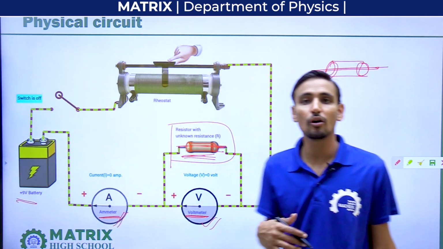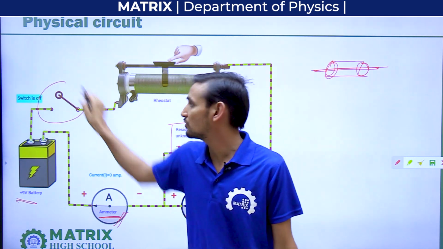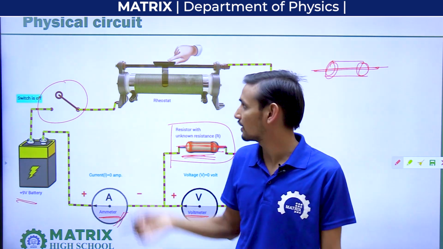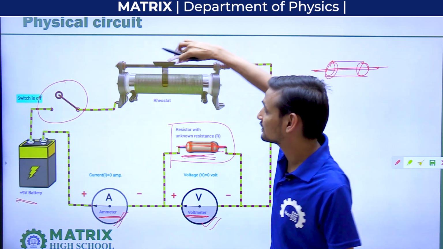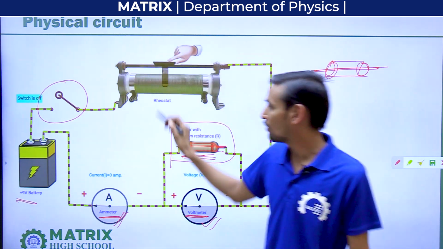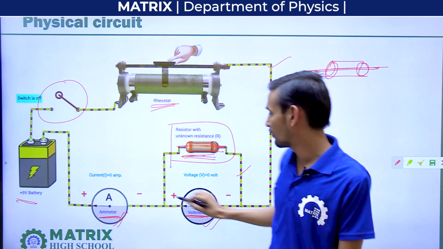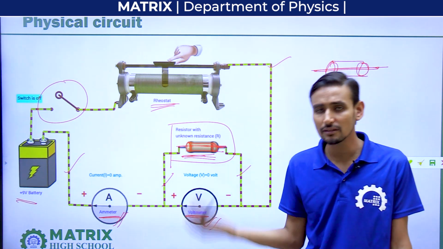We have taken a battery of 9 volt, and here you will see that the switch is open, so there is no current through this circuit. There is a rheostat, and we have shown that there is a slider which we will move to provide variable resistance, and all these are connecting wires having minimum resistance to provide this circuit.